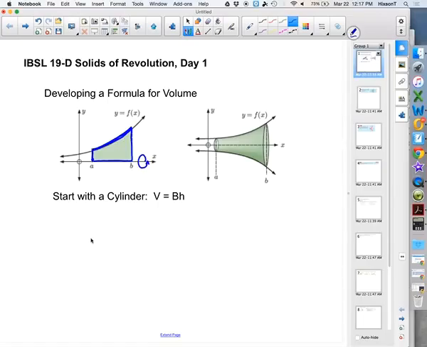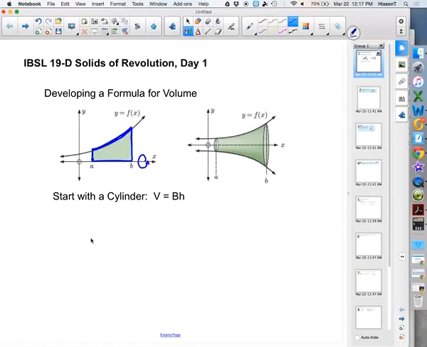You may have taken a piece of paper, cut it out, taped it to something and spun it between your hands, and if you spin it fast, it kind of looks solid. Or you may have seen a magician take a ring and spin it around really fast, and it looks like a solid ball.